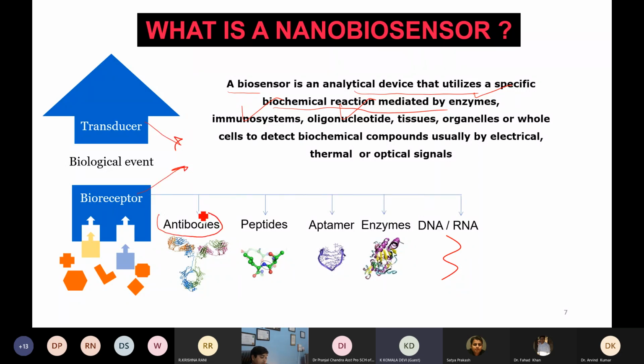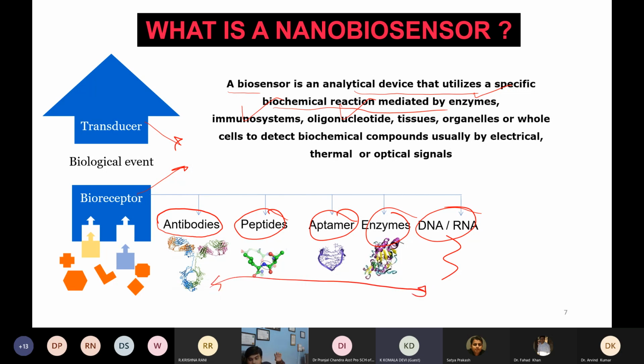The receptor can be antibodies, peptides, aptamers, enzymes, DNA, RNA, and so on. These are the molecules. It's like a hand. It will hold the compound, and then there will be internal processing. This interaction of holding the compound is a biological event, but this biological event is not a measurable thing.